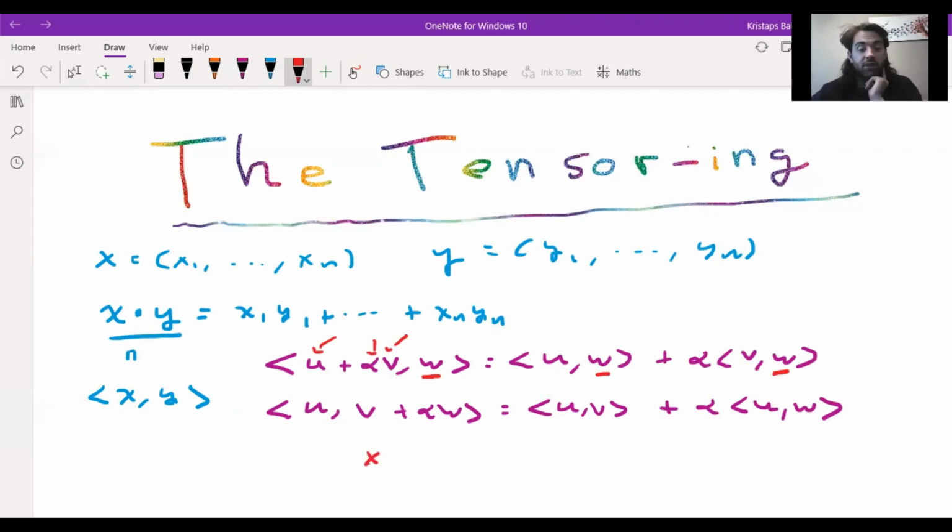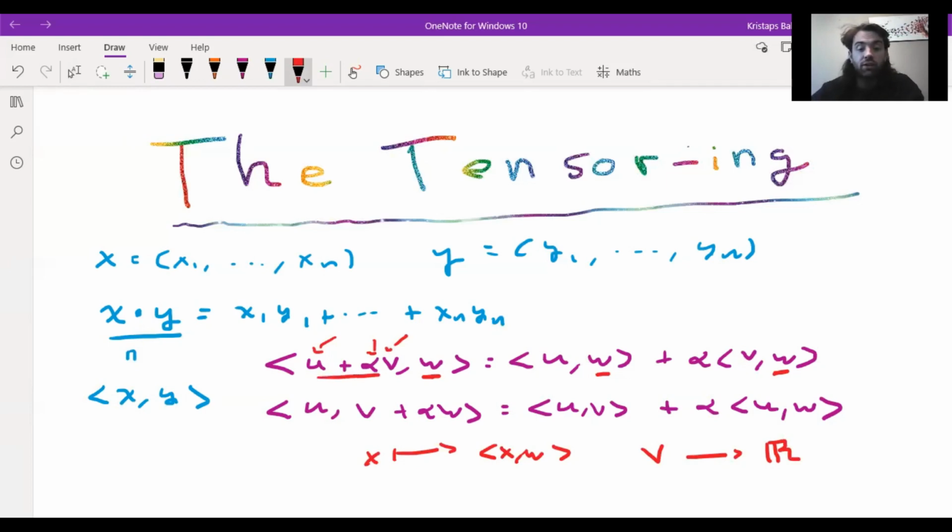The map that sends a vector x to the inner product of x and w defines a linear transformation from your real vector space into the real numbers.